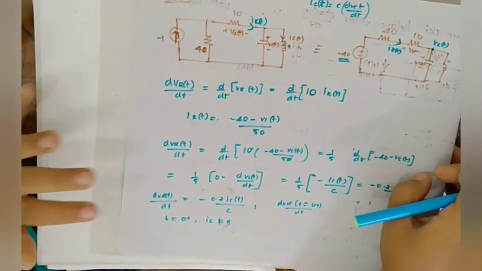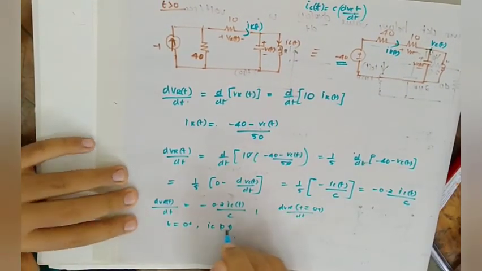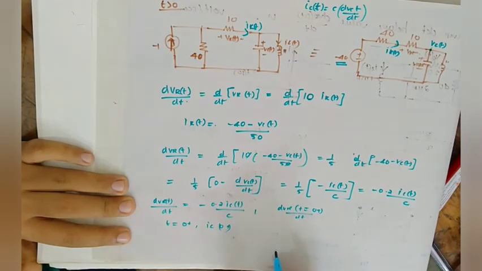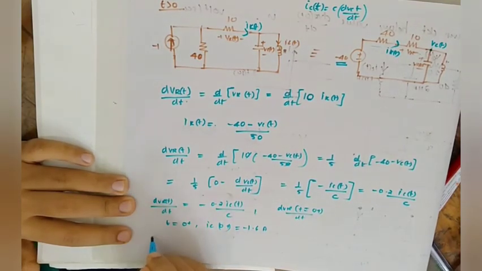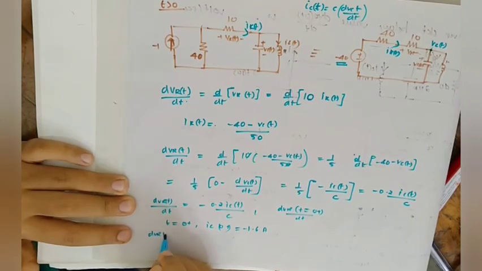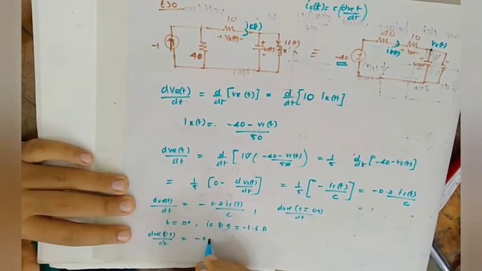So IC of 0 plus is equal to 1.6 ampere. So dVR of 0 plus divided by dt is equal to minus 0.2 divided by C. Instead of C, how much is it? 2 microfarad.